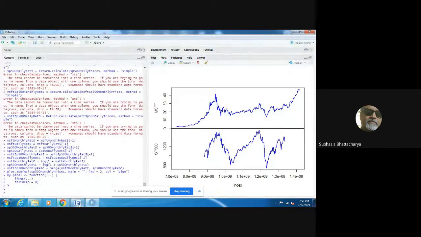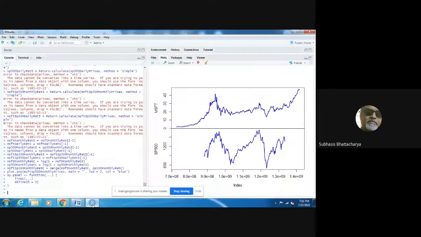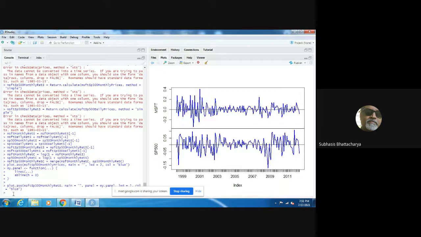And then the abline is fitted, and then we plot. So look, that is the plotting of Microsoft and SP500 separately, observed in a diagram over the period 1998 to 2012.